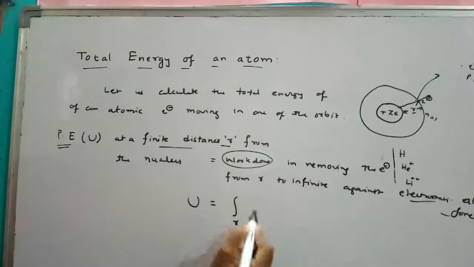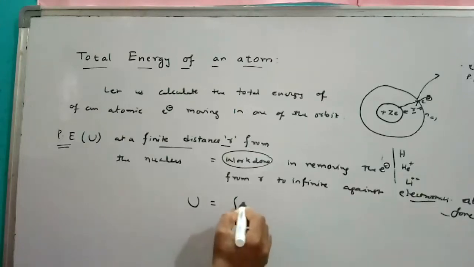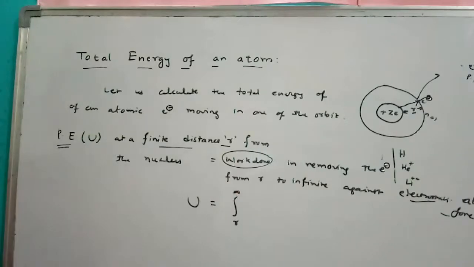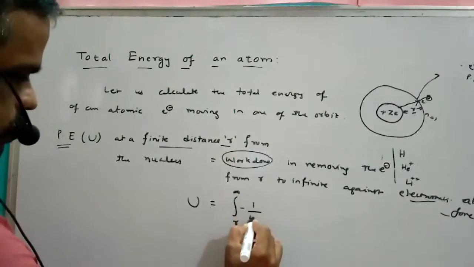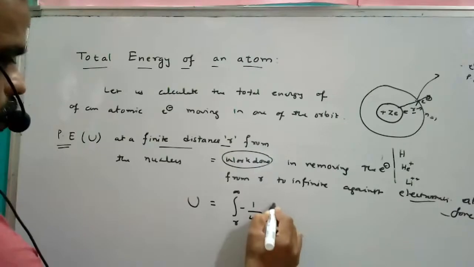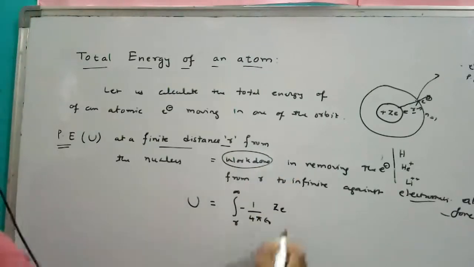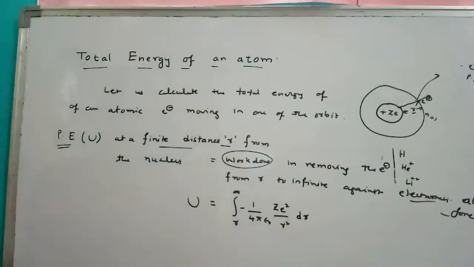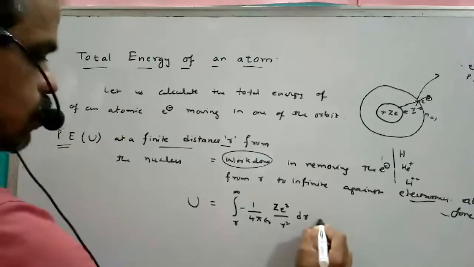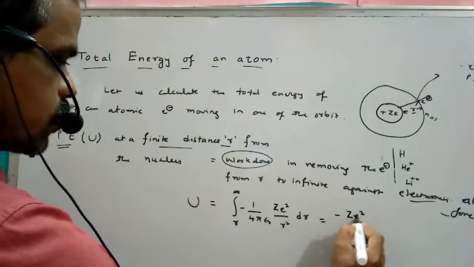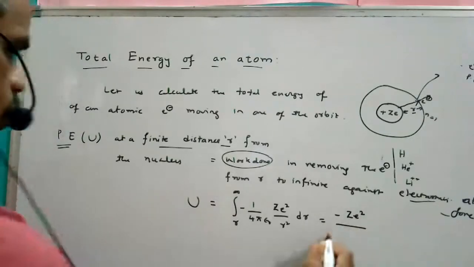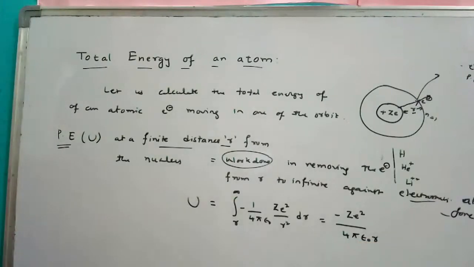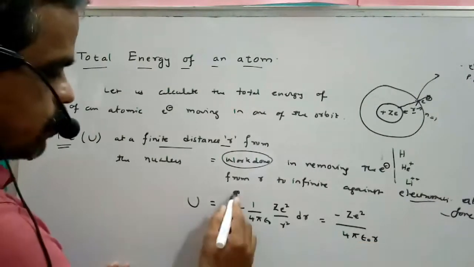Potential energy equals the integral from r to infinity of minus 1 by 4 pi epsilon naught, Z e square by r square dr. That is equal to minus Z e square by 4 pi epsilon naught r, with the limits r to infinity.